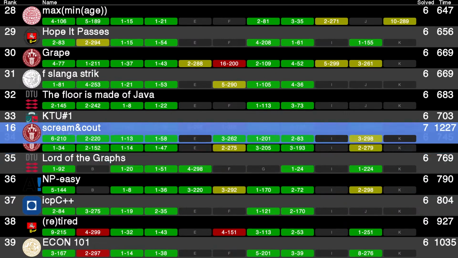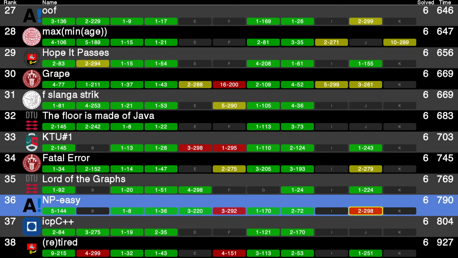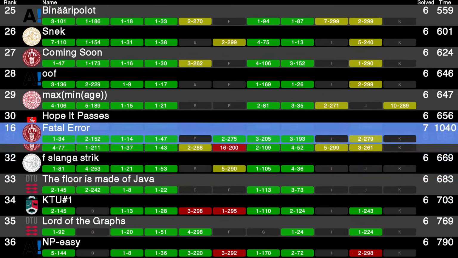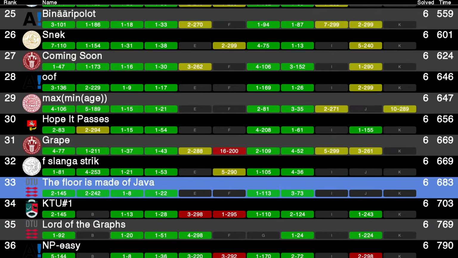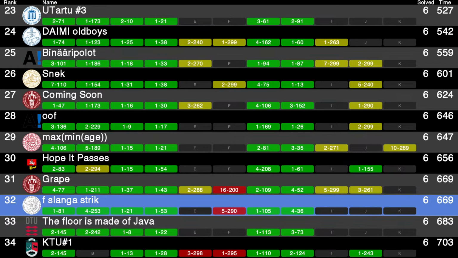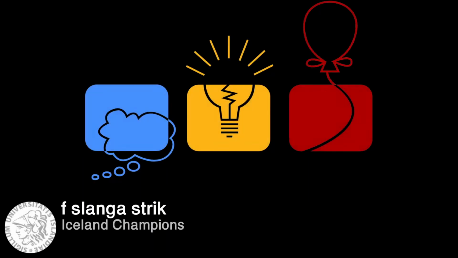Scream and See Out gets an accepted at the end and advances in the top 20. Lord of the Graphs, Fatal Error gets an accepted and they also go into the top 20. Lords made of Java are finished. F Slangastrik. Now the resolver stops because F Slangastrik are the Icelandic champions.